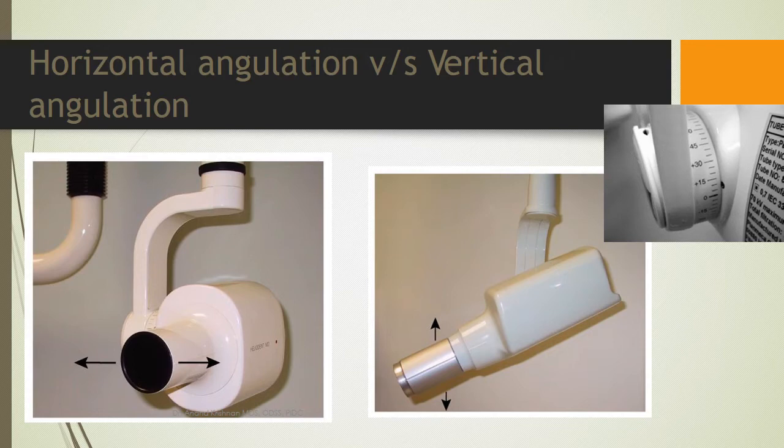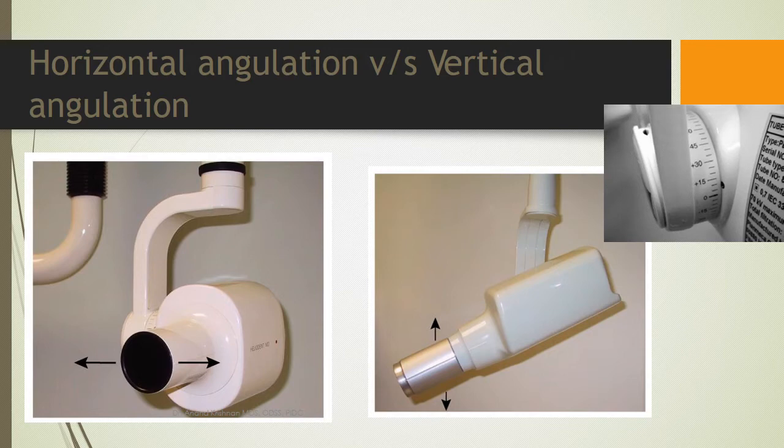The second important thing is the head position of the patient, which we'll be seeing as we go on. And the third one, for the bisecting angle technique, most importantly, is the position of the tube head. Here come two phenomena, which are called the horizontal angulation and vertical angulation.